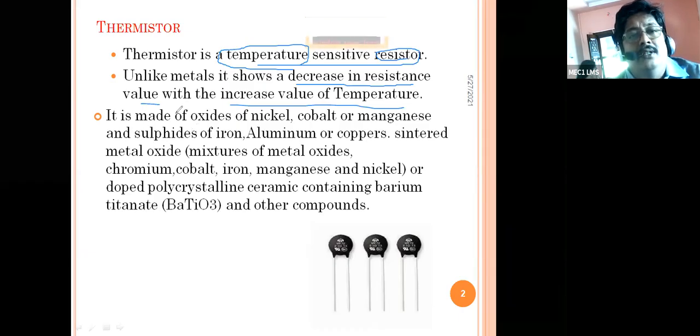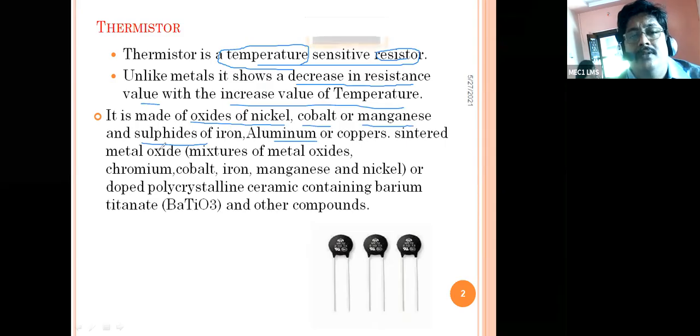So this thermistor is made up of oxides of nickel, oxides of cobalt, and oxides of manganese, and sulfides of iron, aluminum, or copper.